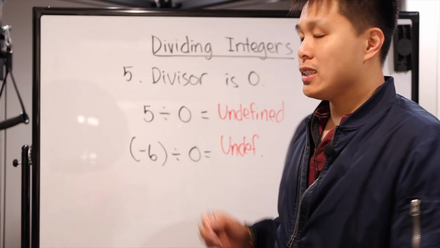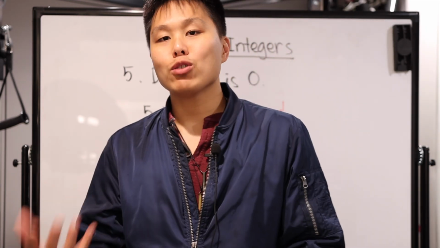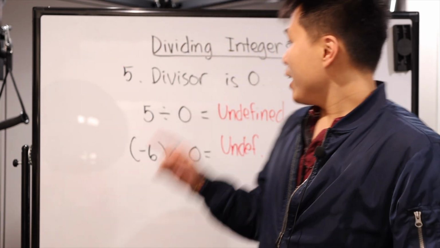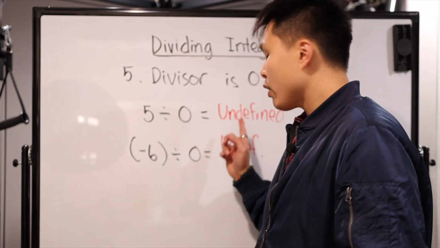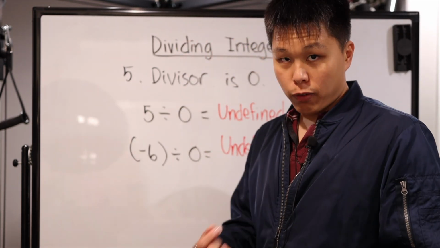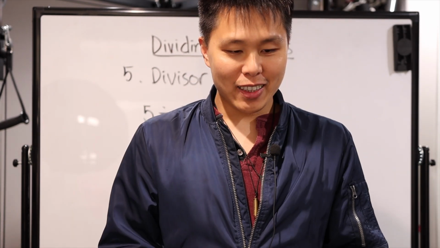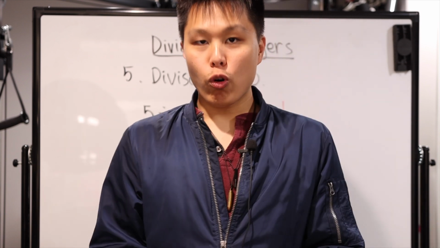Now, here's the funny part. Yes, when the dividend is 0, 0 divided by any number is 0. So we wrote that, we translated that, and then we basically wrote it in Spanish. And then when it came to the divisor 0, the Spanish teacher was insistent that basically the final answer is 0, which is false. A buddy of mine really had this wonderful idea in realizing that the Spanish teacher was wrong.